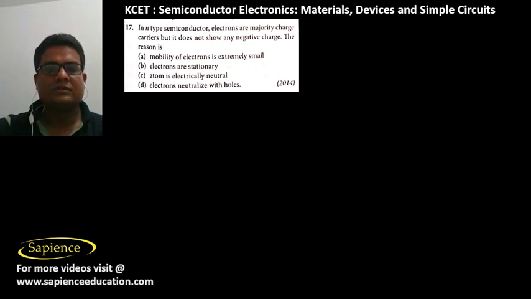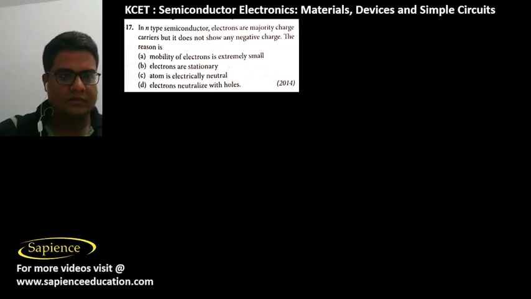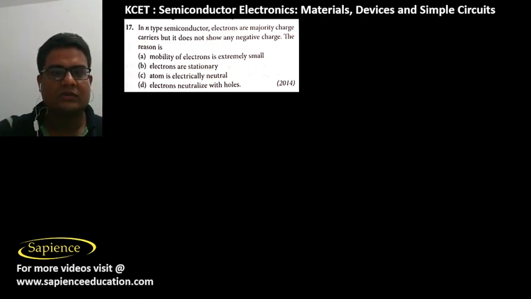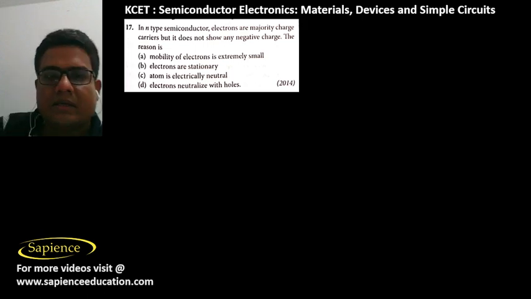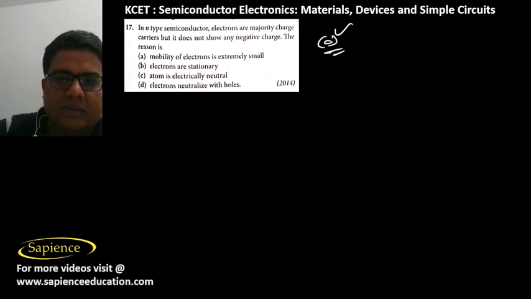The reason is: electrons neutralize with holes? Yeah, so the electrons are majority charge carriers, but since the atom as a whole is electrically neutral, C is the correct answer.